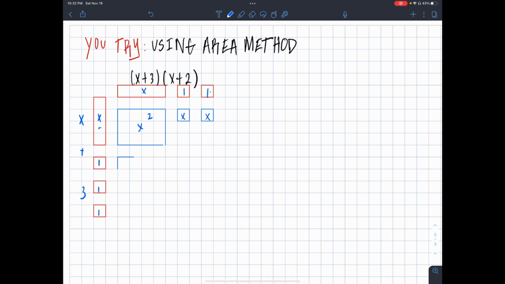Gonna draw my box here. One times x. Draw my other box. 1 times 1, 1. Gonna draw my other box. 1 times 1, 1.